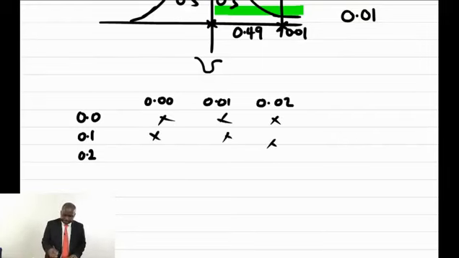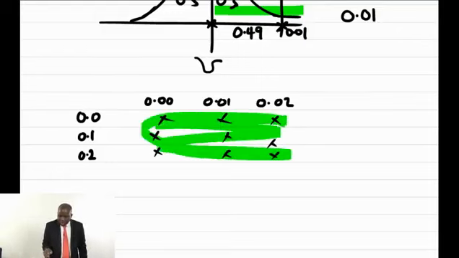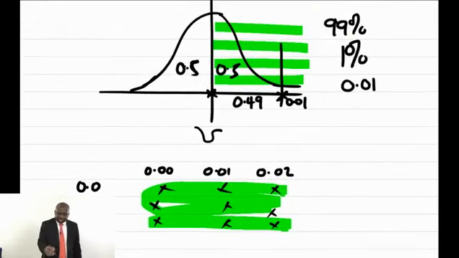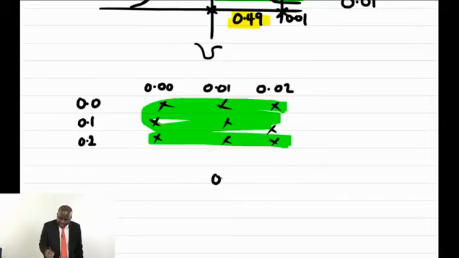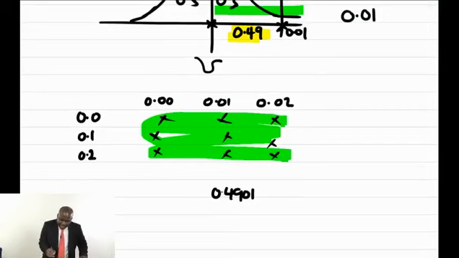Those figures in the middle, go and look for a figure which is very close to 0.49. I think it's 0.4901, and when you get 0.4901, you are going to mark it to the end, to this line.